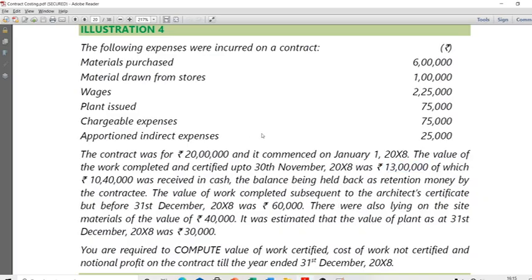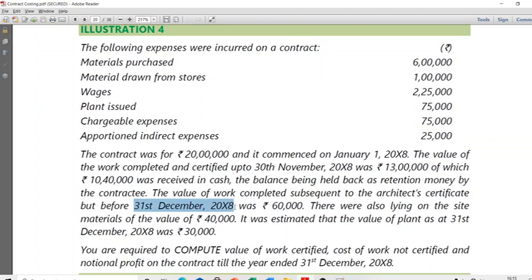See, when does the architect come and give the certificate? On 30th November 2018. Great. Now, from 1st December 2018 to 31st December 2018, did the company do any work or not? Obviously, some work would have happened.